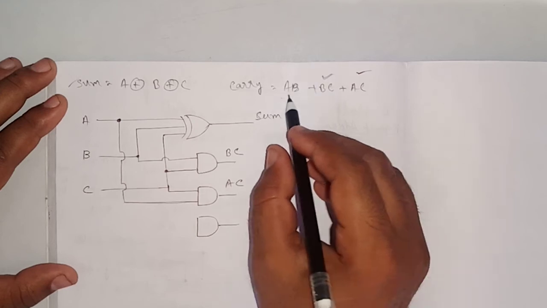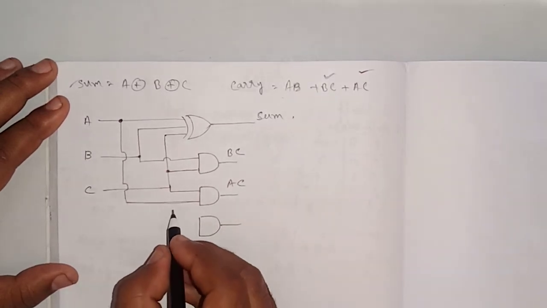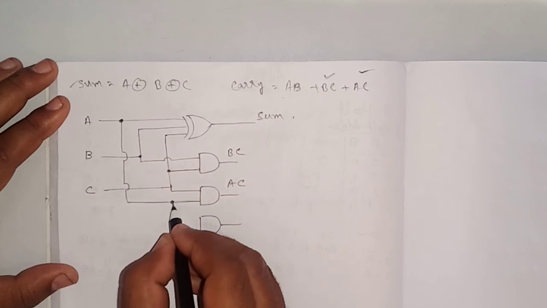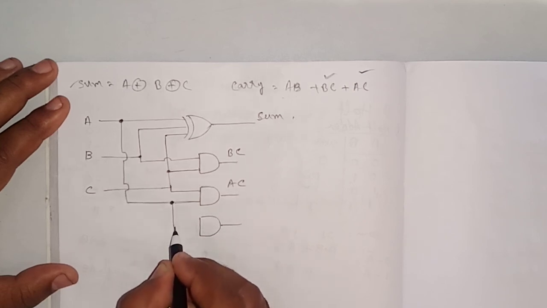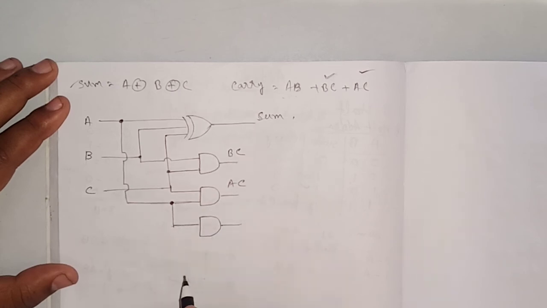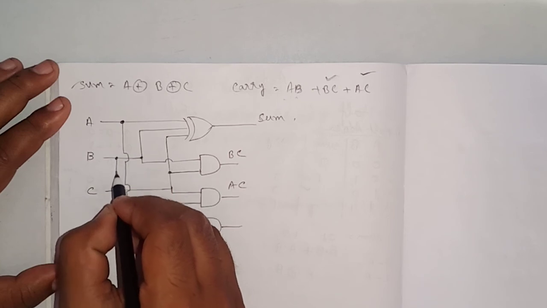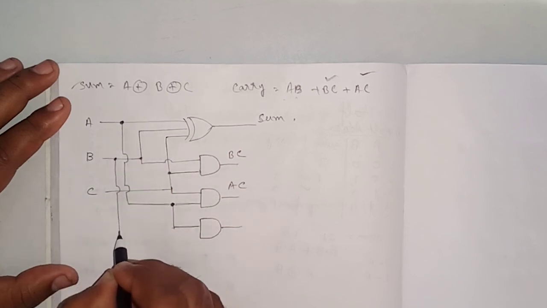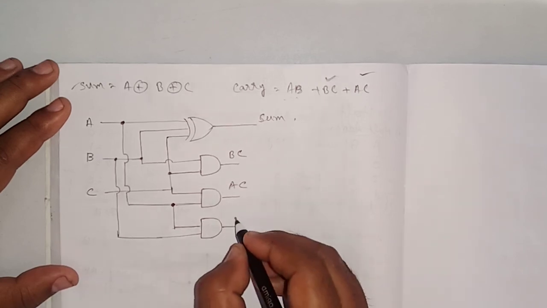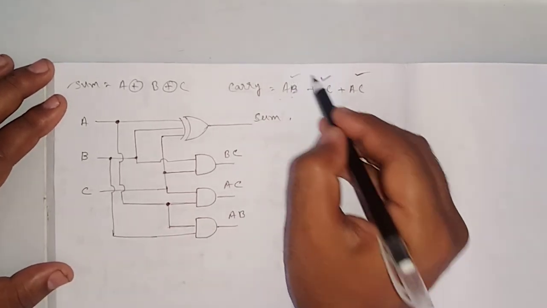Now AB. So this already we get A. So we are taking A from here, A from here. Now need B. B means you can consider B from here. So A B. Now we are getting all three.